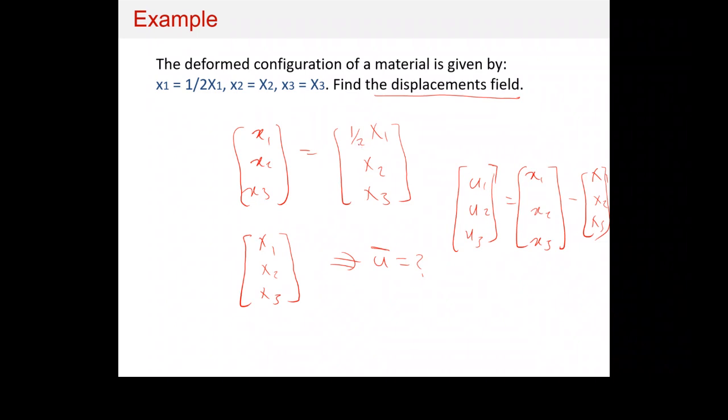All right, so u1 is half x1 minus x1. So this is going to be minus half x1. And then x2 minus x2 is 0, and x3 minus x3 is 0.